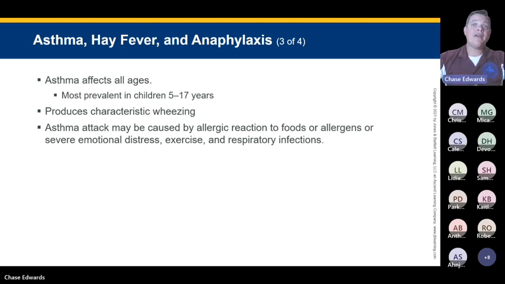Asthma affects all ages, but is most prevalent in children 5 to 17 years of age. It produces a characteristic wheezing as the patient attempts to exhale through partially obstructed airways. An acute asthma attack may be caused by an allergic reaction to specific foods or some other types of allergens.